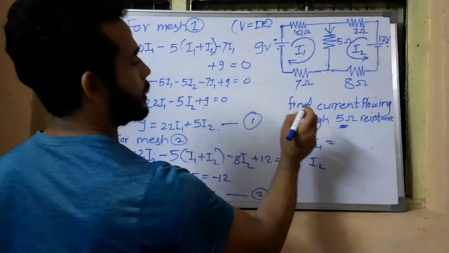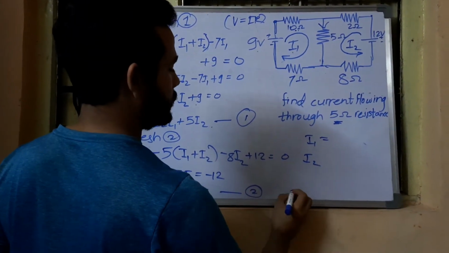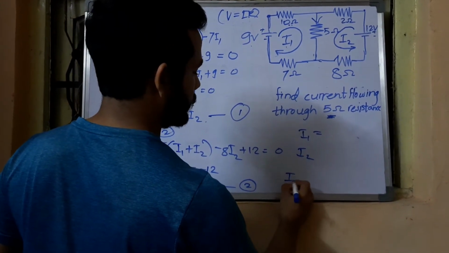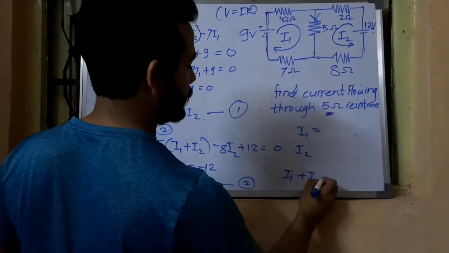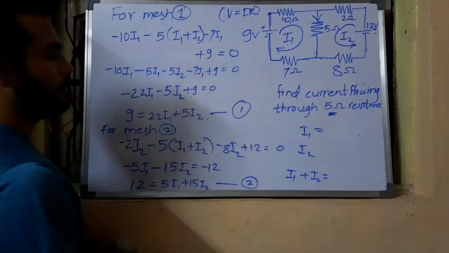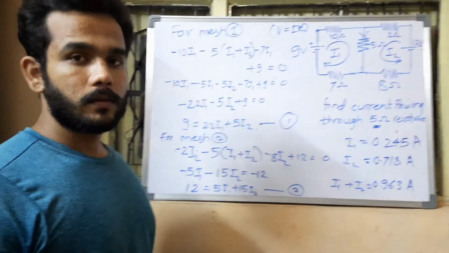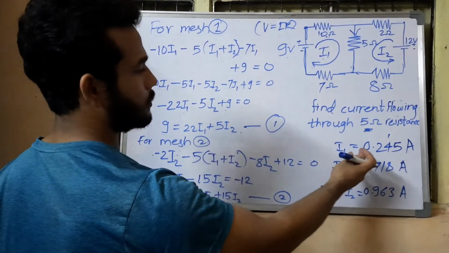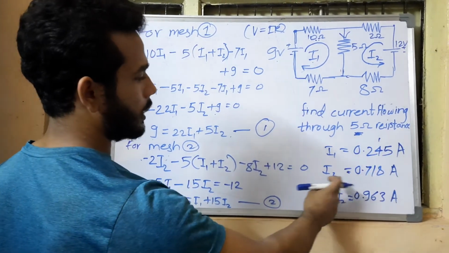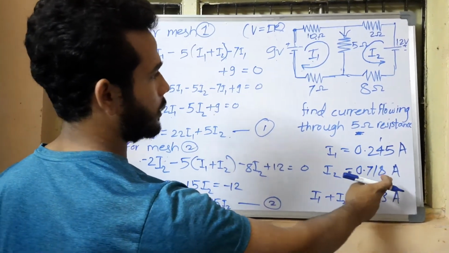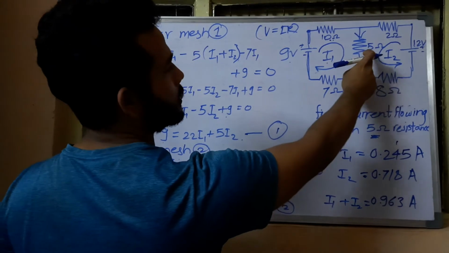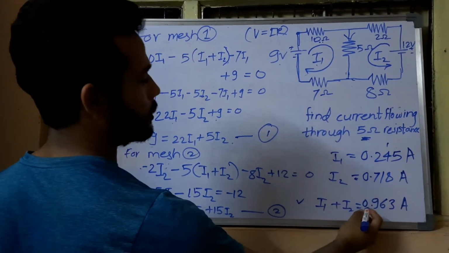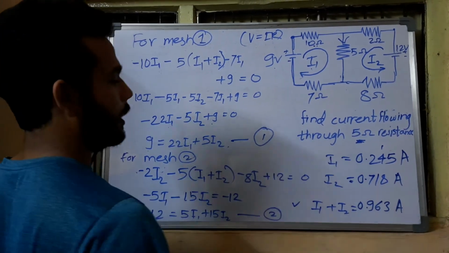The current flowing through 5 ohm resistance is the summation of I1 plus I2. For calculation, I have used a calculator. I1 is equal to 0.245 ampere, I2 is equal to 0.718 ampere. The current flowing through 5 ohm resistor is I1 plus I2, which is equal to 0.963 ampere.